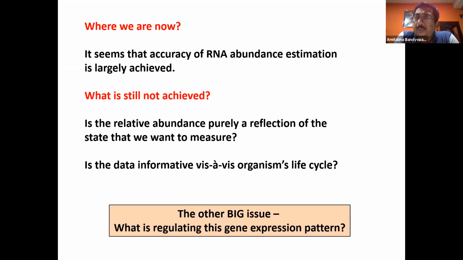Like one transcription factor may influence the expression of 20 genes, okay, of which some will be transcription factors that each of those can influence the transcription of another 20 genes each. So that way it gets more and more complicated with time. But nonetheless there are some methods available.